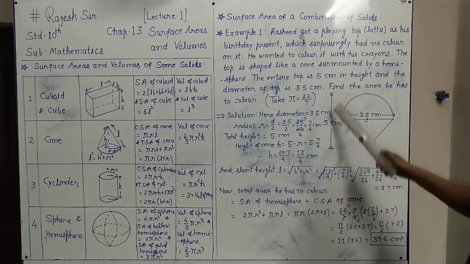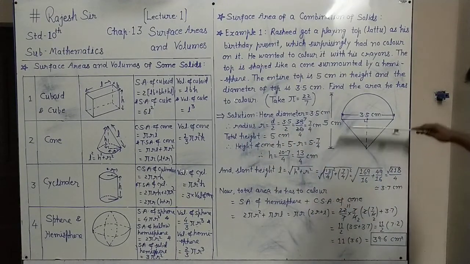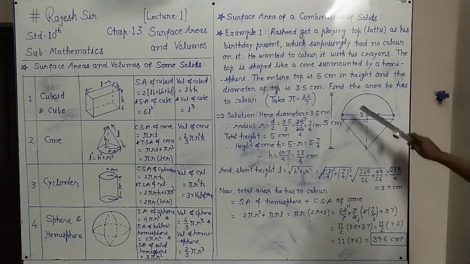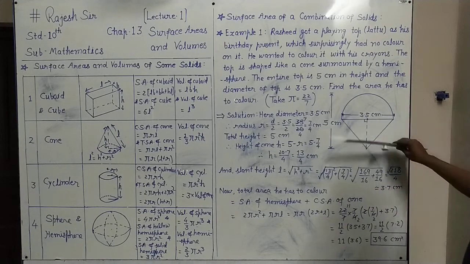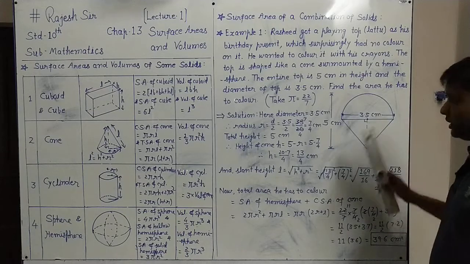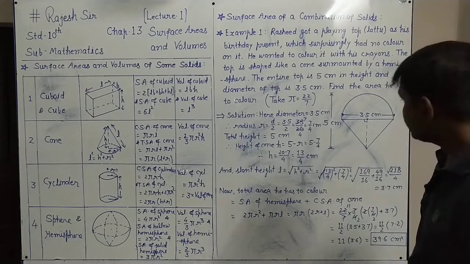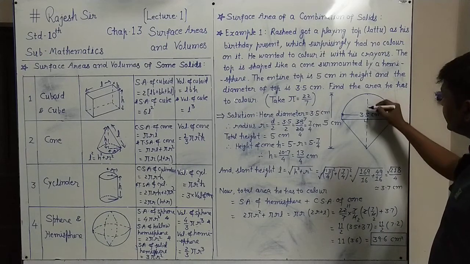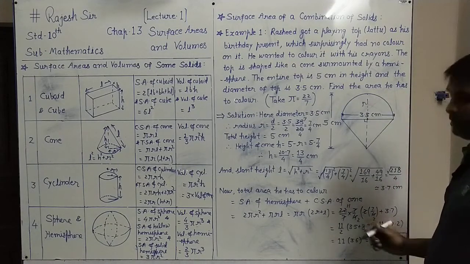And the total height is 5 cm, given. The top has two solids in one: above is the hemisphere and below is the cone. The total height is 5, and part of this height is actually the radius of the hemisphere.